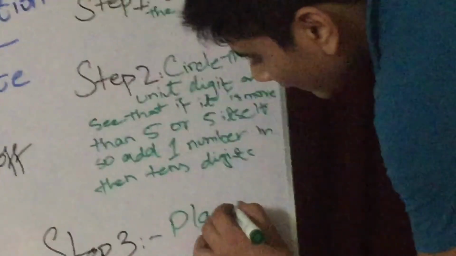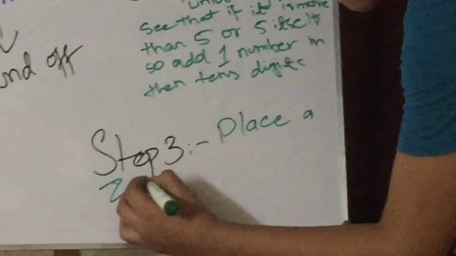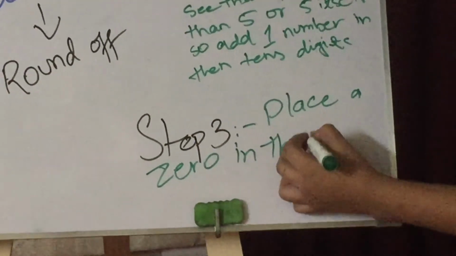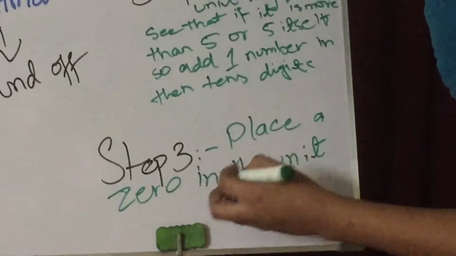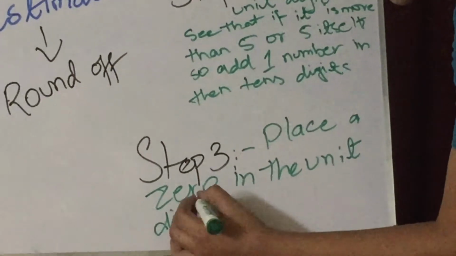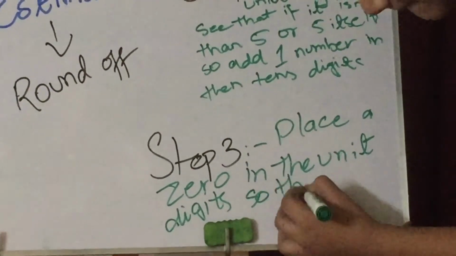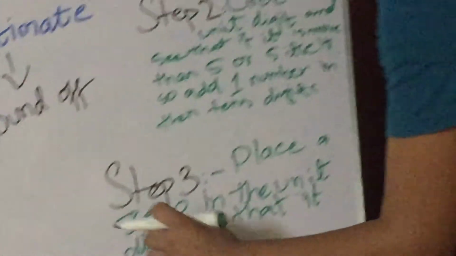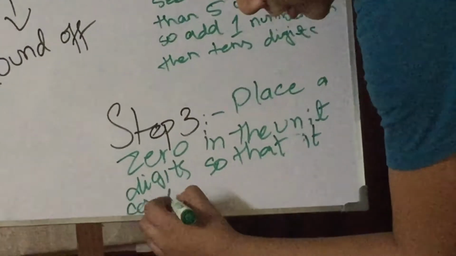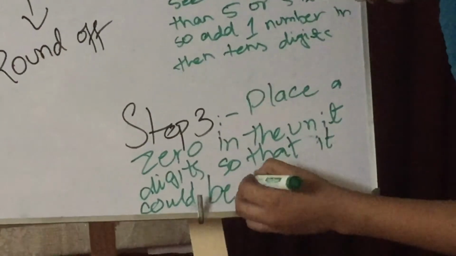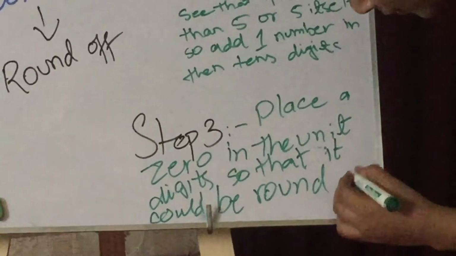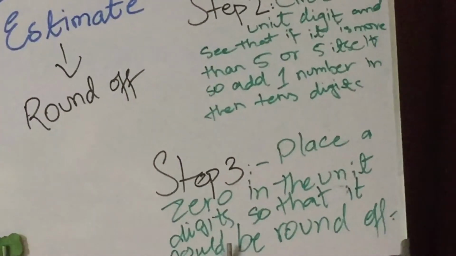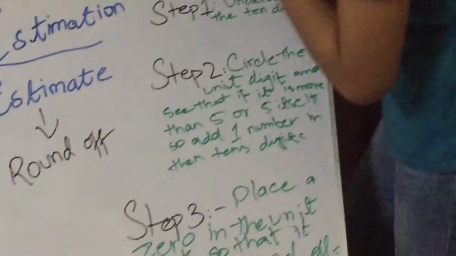Place a 0 in the unit digit so that it could be rounded off.